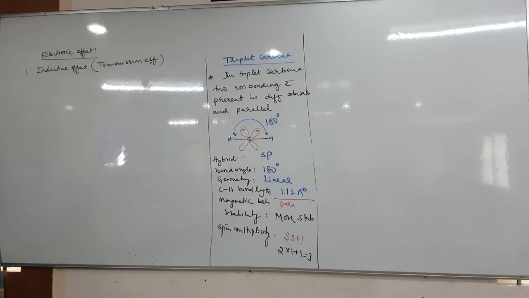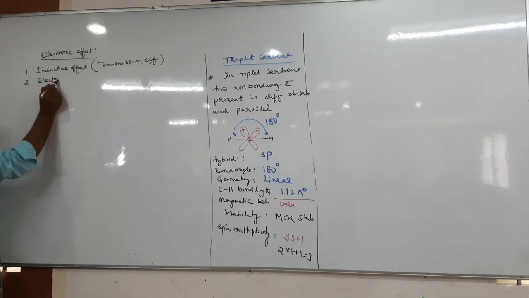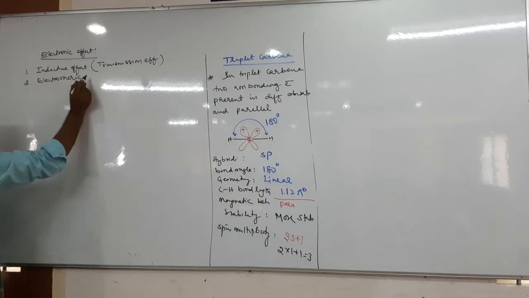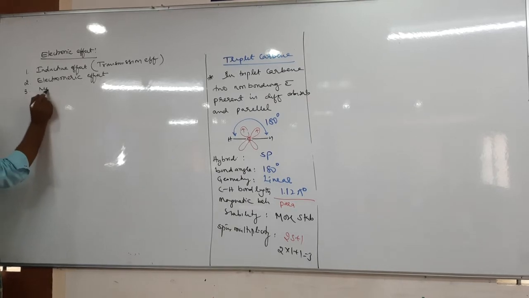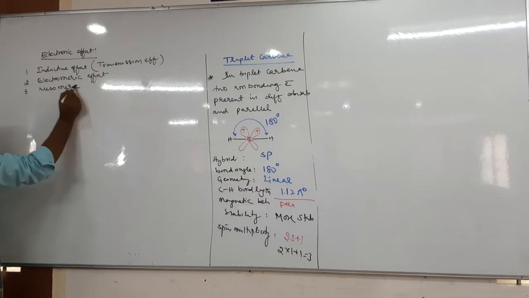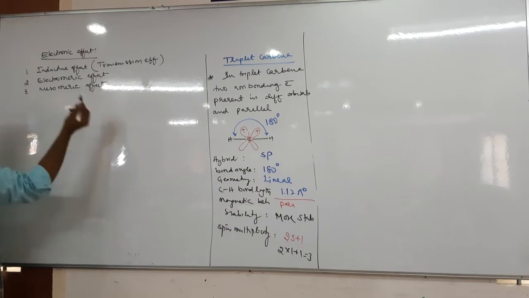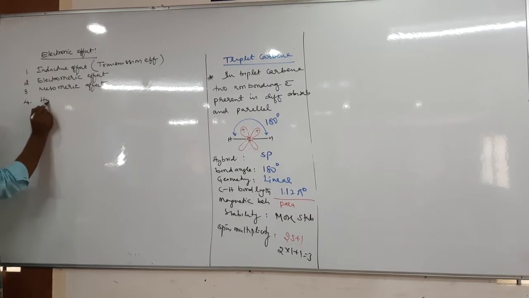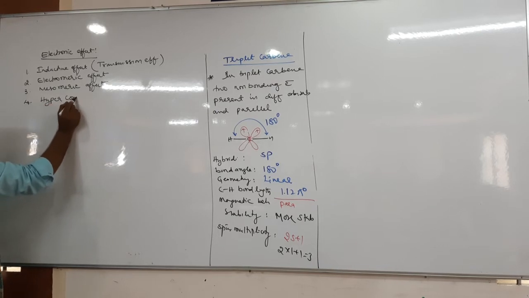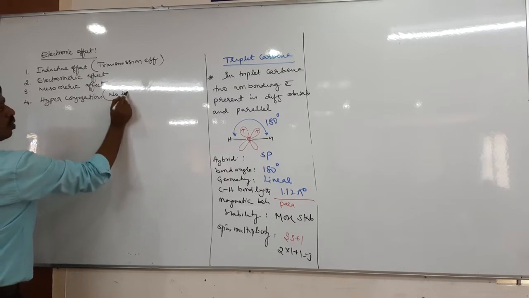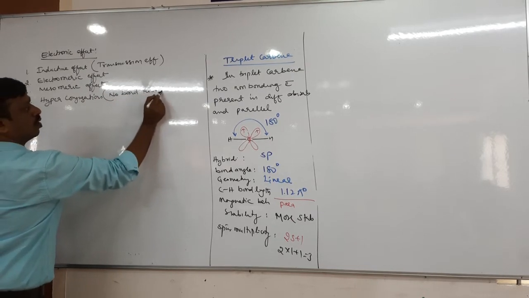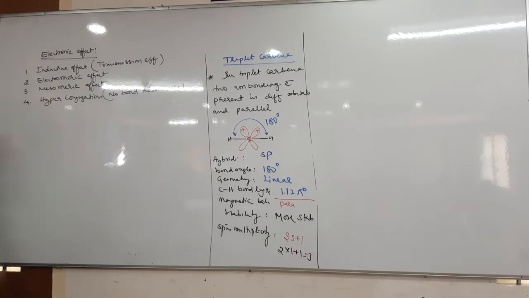Inductive effect or transmission effect. 2, electromeric effect. 3, mesomeric effect. 4, hyperconjugation. It is also called no bond resonance. Hyperconjugation or no bond resonance.